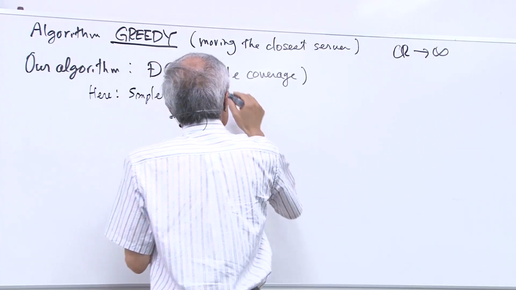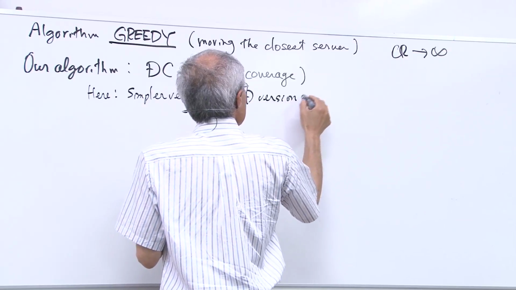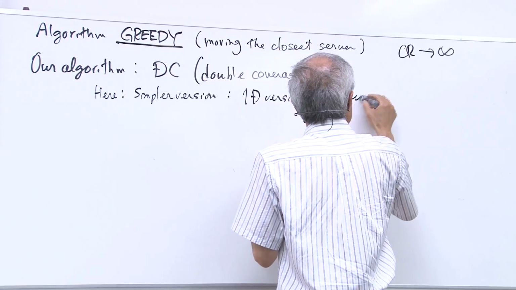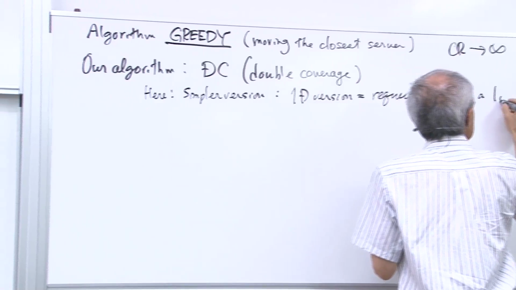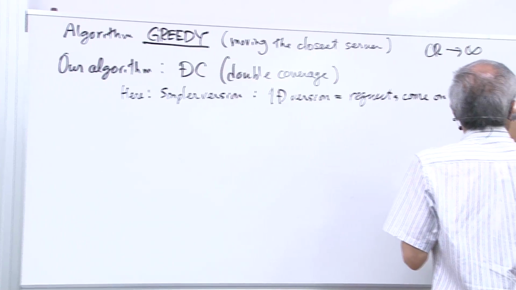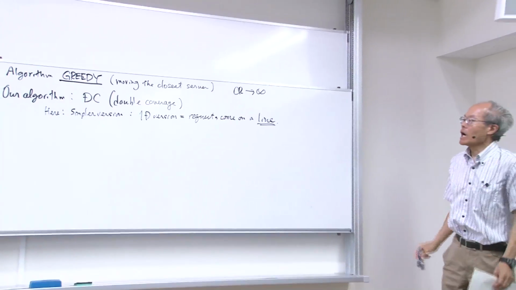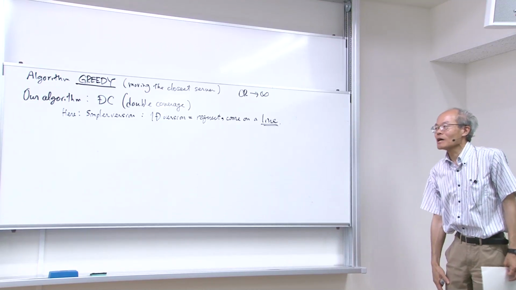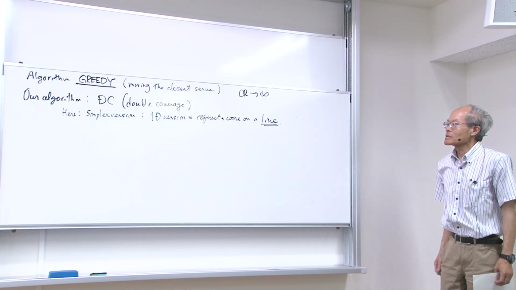Namely, it's a one-dimensional version. Of course, usually this game is played on a two-dimensional Euclid space, but here I'll show you a simpler version.